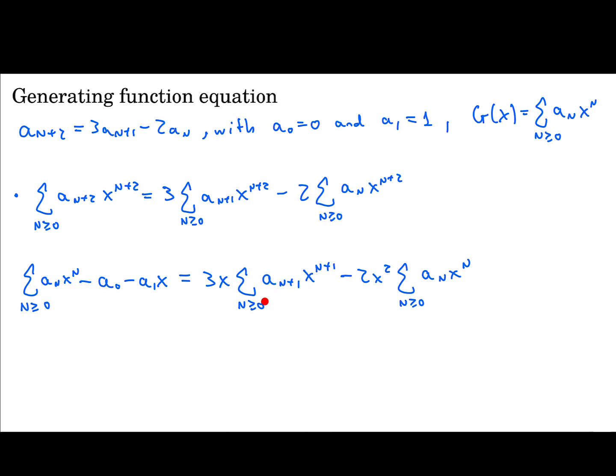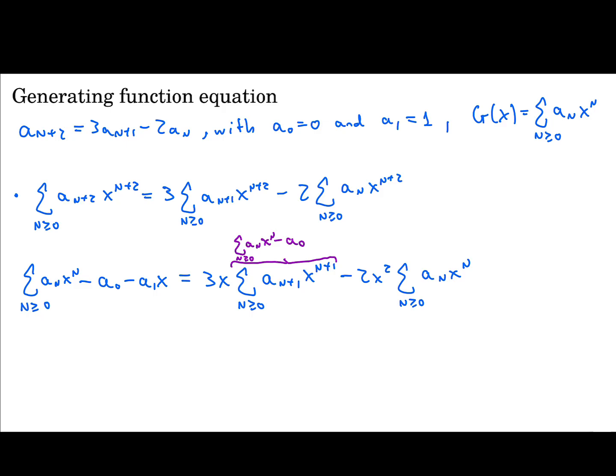It starts at 1 instead of starting at 0, so we can write it as this minus the one starting at 0. So this part over here is the summation of a_n, with n starting at 0, x^n, minus the first part, right? Because when n is 0 it starts at 1, so you just need to remove the 0 part, minus a_0.